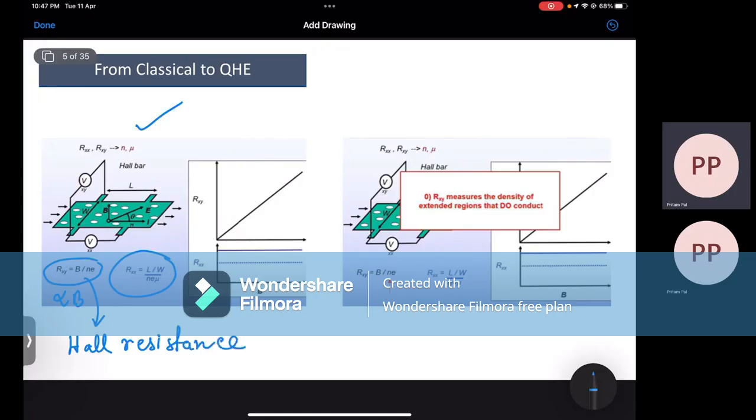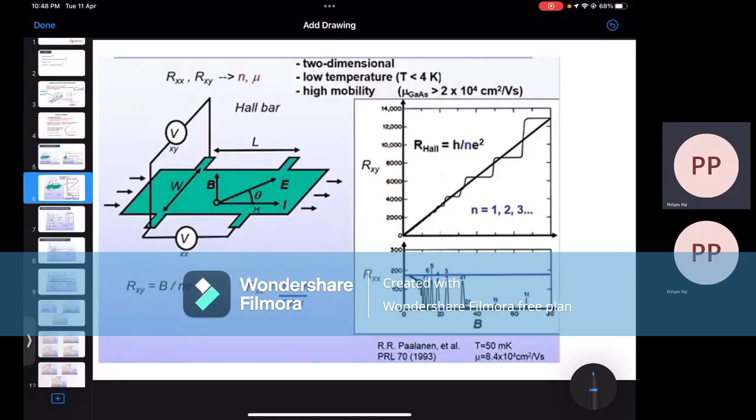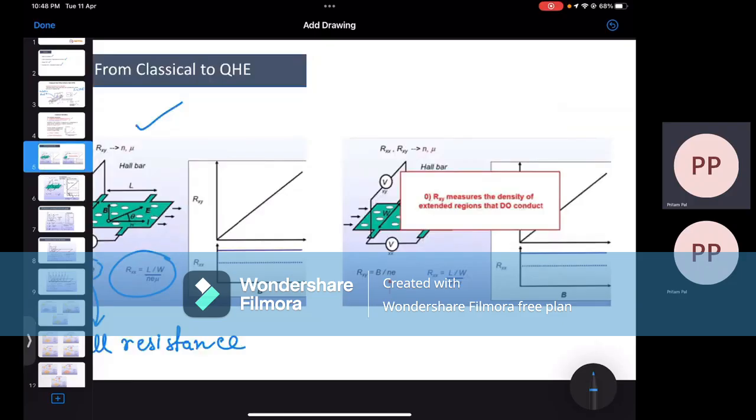This part has been discussed in the first slide. And this is how the transverse and the longitudinal resistance will depend on the applied magnetic field, right? These two curves basically indicate that.